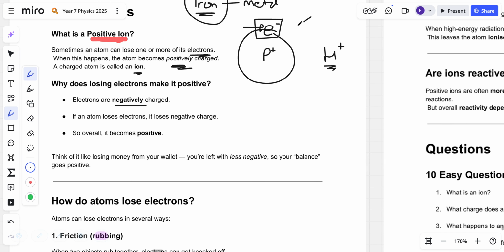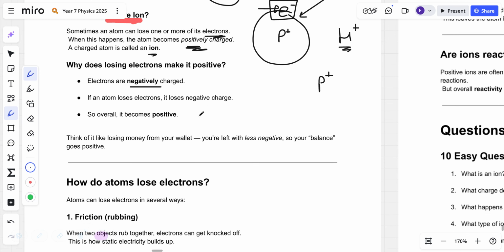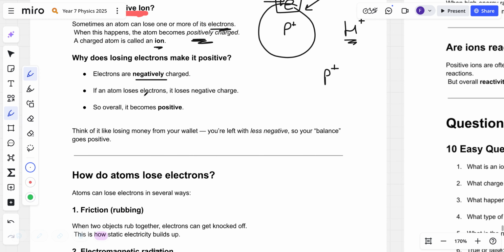So all of a sudden, I go, bang, knock that electron off. Then what I'm left with is a proton all by itself with no electron. And look, it's positive, right? So if an atom loses an electron, it loses negative charge. So overall, it becomes positive because you've got more protons than electrons.